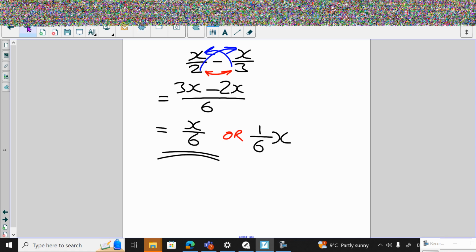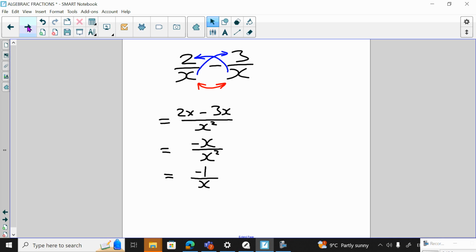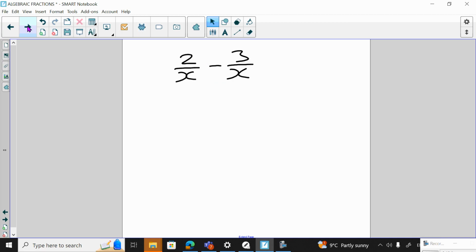Oh, what was this one here? 2x take away 3x. If you want to employ the rule that I've just given you: x times x, x squared, x times 2 is 2x, take away 3x. You could have done that, negative x under x squared, negative 1 over x, I cancelled an x top and bottom, but you know what, I wouldn't have done that, because I haven't looked at the bottom parts here.